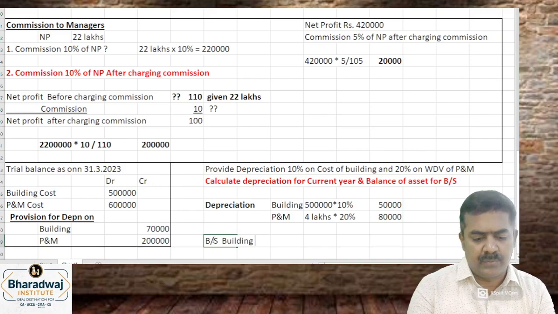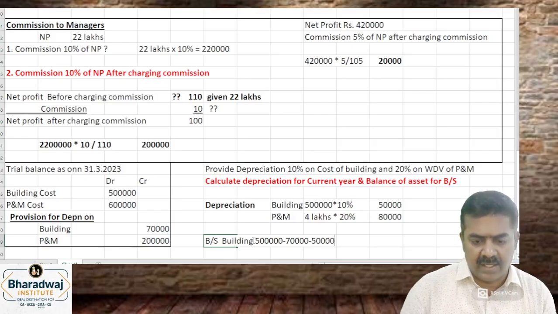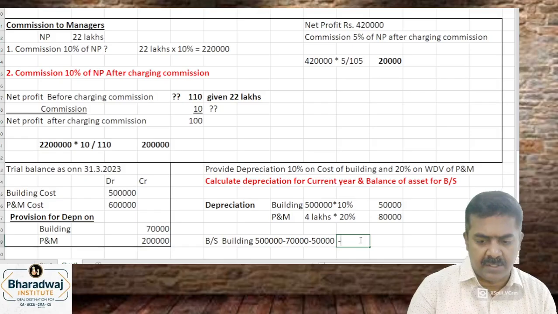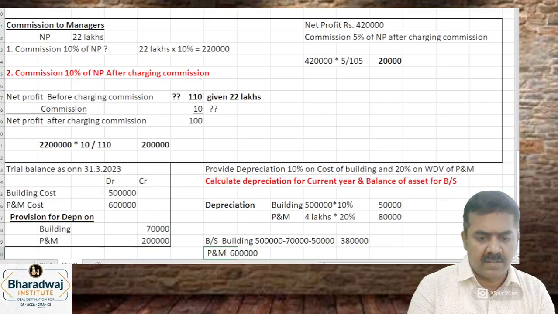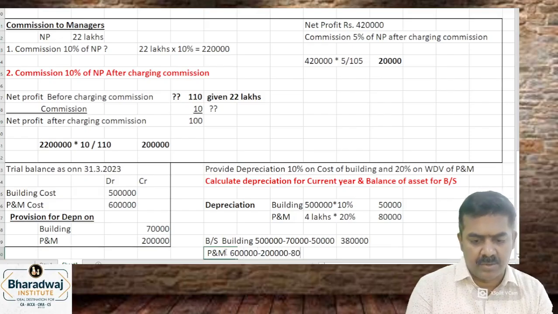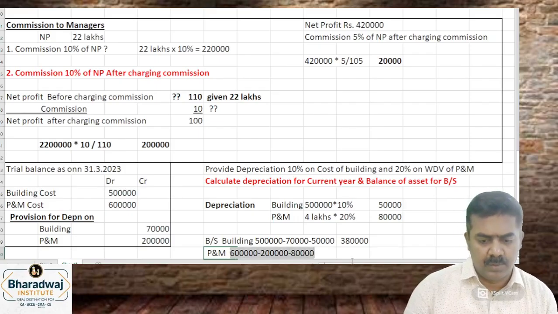Building: 5 lakhs, the cost of the asset, minus accumulated depreciation at the beginning, 70,000, minus current year depreciation of 50,000 will come in the balance sheet. For plant and machinery, 6 lakhs minus already 2 lakhs, minus 80,000. So this will come in the balance sheet.